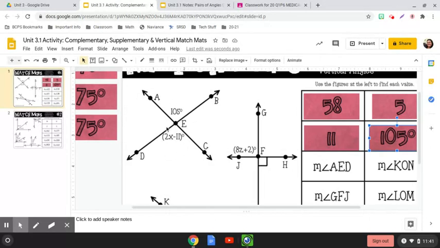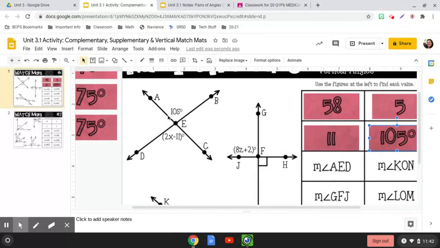We don't have a measure for AED, but we already know that it has a linear pair, AED and AEB right here, and they both would add up to 180 degrees. So that'll be easy to solve.